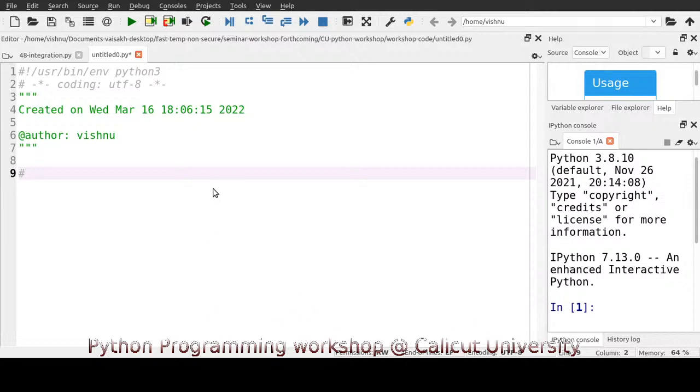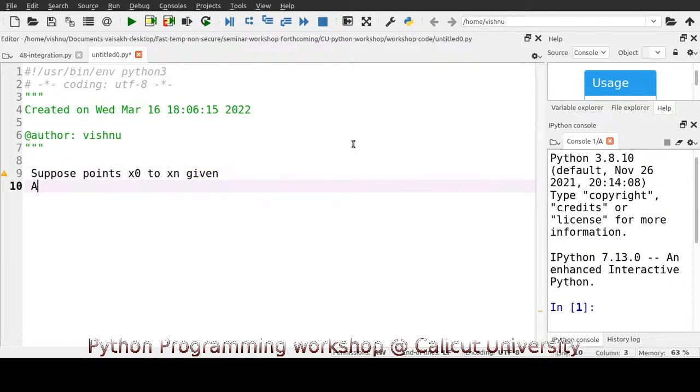Let me type a little bit of theory. Suppose the points x0 to xn are given, so n plus 1 points are given here. And suppose that correspondingly y0 up to yn are given to us.